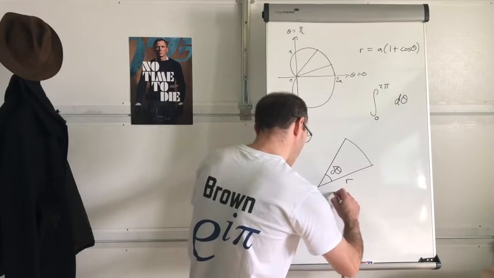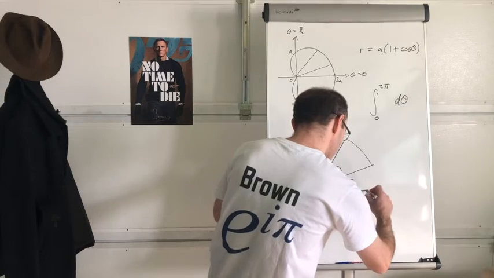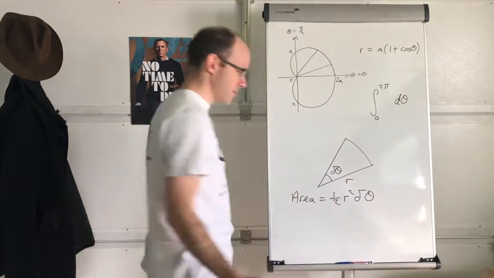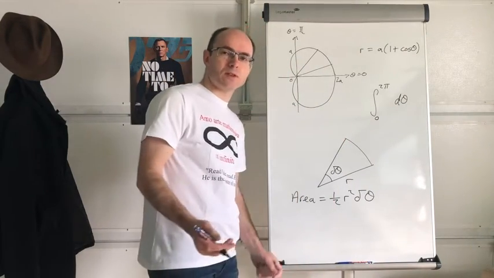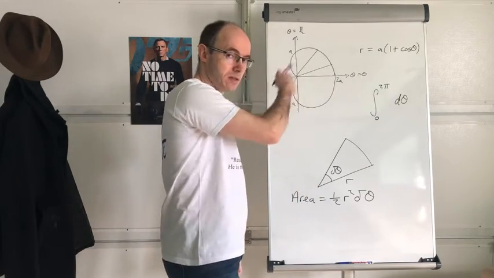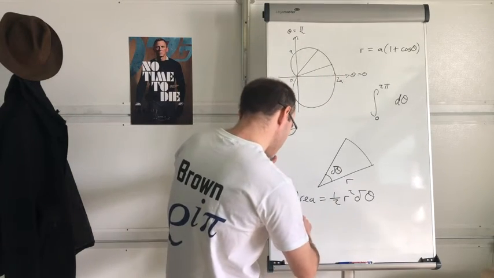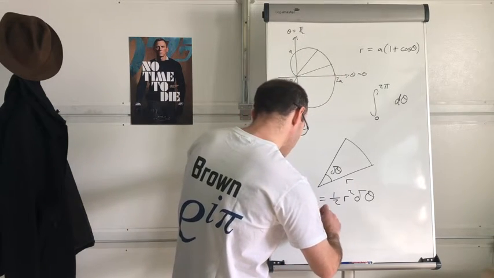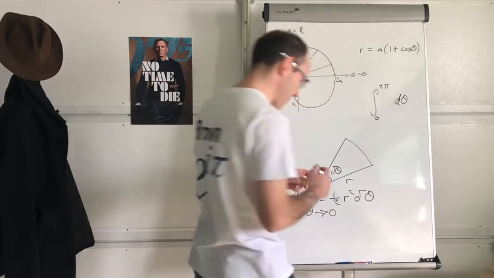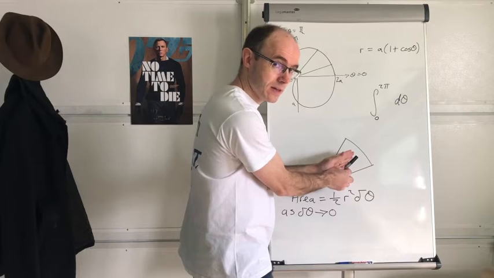That was 1/2 r squared theta, wasn't it? So 1/2 r squared delta theta, that would be. Now, to get the exact integral, we need to divide this up into an infinite number of sectors. So what we're saying is, as delta theta tends towards 0, these lines are getting infinitely close together.